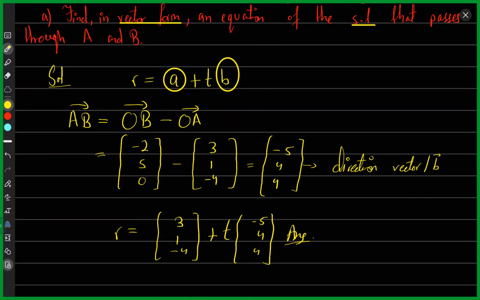And for the vector form of the equation of the straight line, you need two things: a position vector of a point that is lying on the line, and a direction vector of the line. Okay, and this is how we are going to do it.